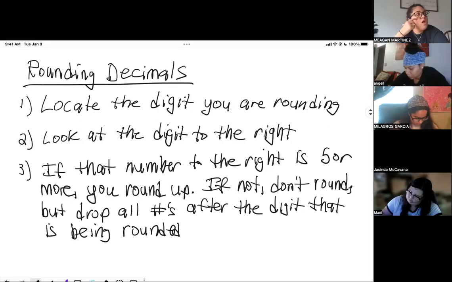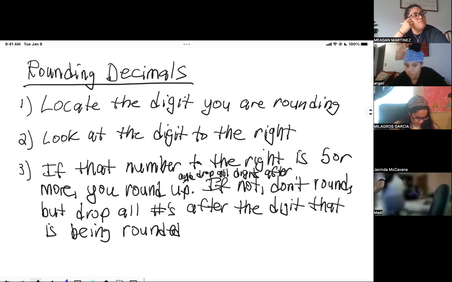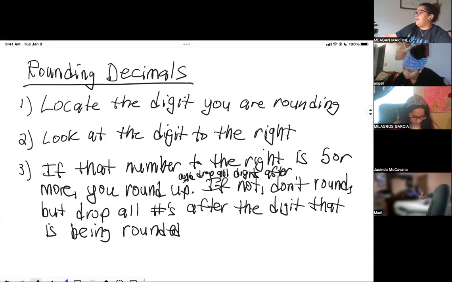Round up, same thing here, and drop all digits after. Okay, so I sort of messed it up a little bit. Okay, if that number to the right is 5 or more, you round up and drop all digits after. If not, don't round, but drop all numbers after the digit that is being rounded.